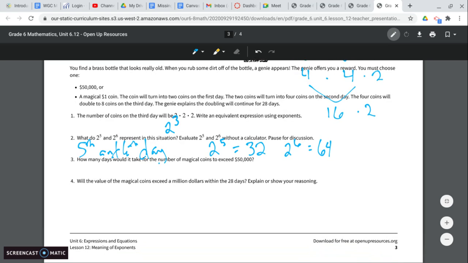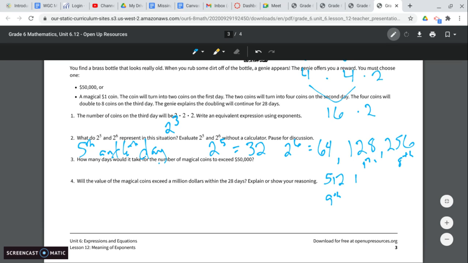So we've got 64 is 2 to the 6th, 2 to the 7th, 64 times 2 would be 128. And then we multiply 128 by 2, that'd be 256. So this is 7th day, 8th day. 256 times 2 is going to get us 512, so that's the 9th.